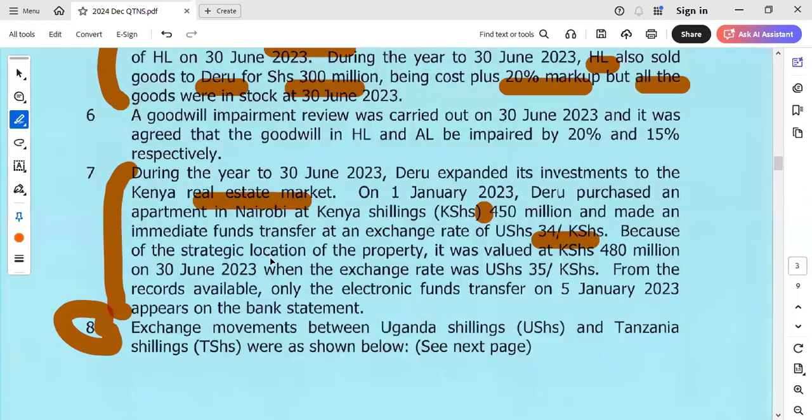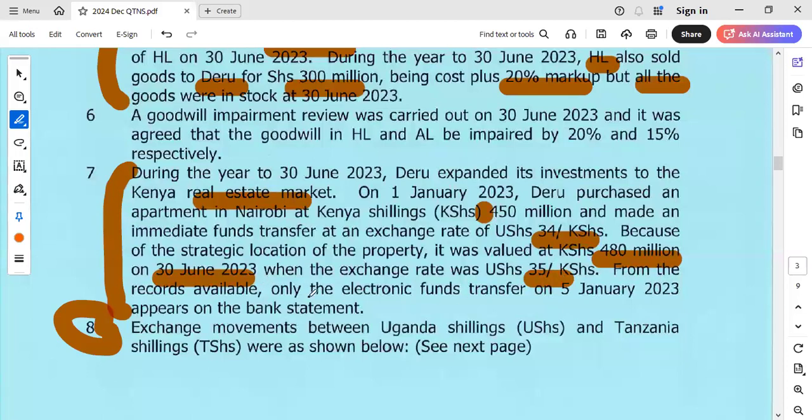Because of the strategic location of the property, it was valued at what? Now here you're seeing that the property is being valued. Think about revaluation gain or revaluation loss when you see such a statement. It was revalued on 30th June 2023, when the exchange rate was 35.